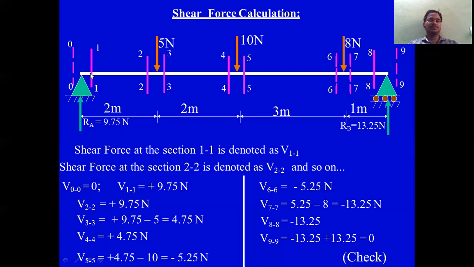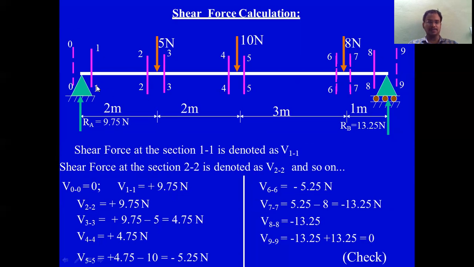So the shear force acting is upward, 9.75 Newton. Upward direction we consider as positive. Next, V22 is also 9.75.